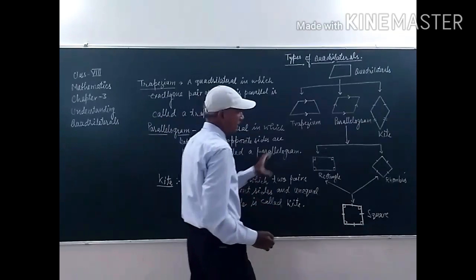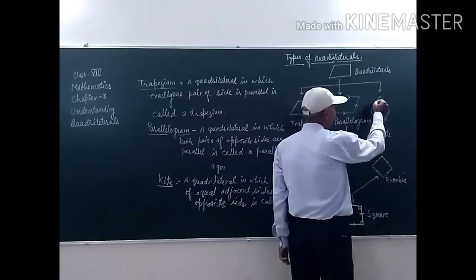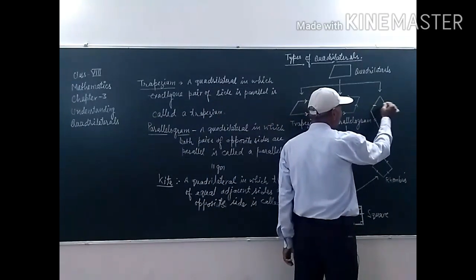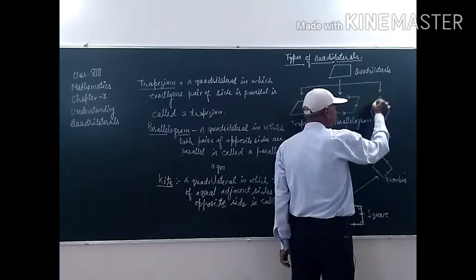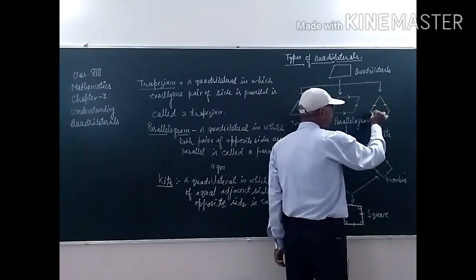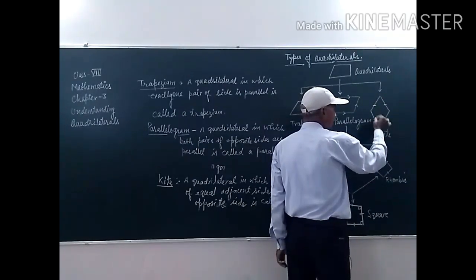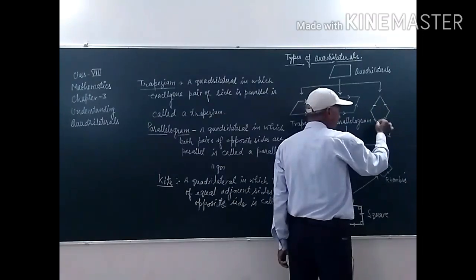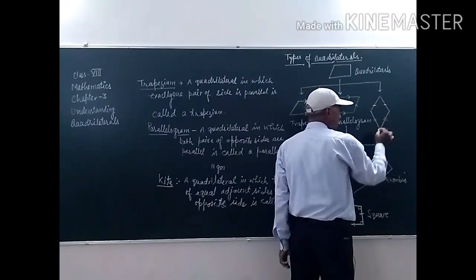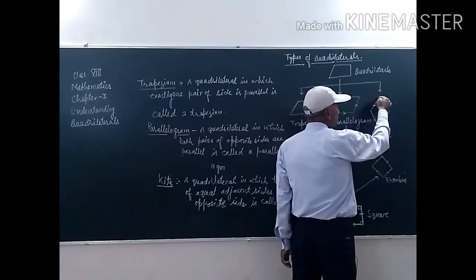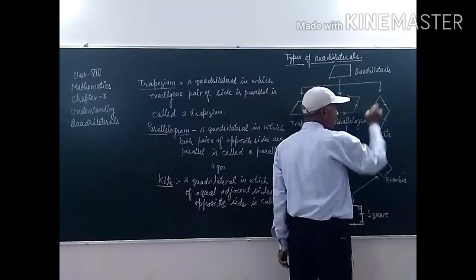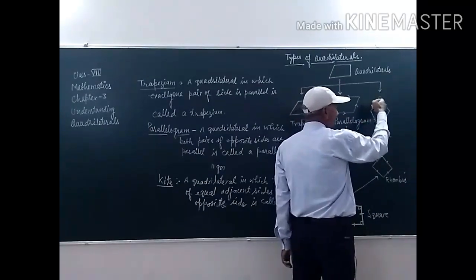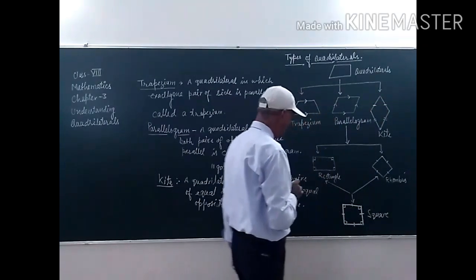So, in this figure, students, these are the adjacent sides, this one and this one. These adjacent sides are of equal length, and these are also adjacent sides. This side is equal to this side. So this is one pair and this is the second pair, two pairs of adjacent sides are equal in this.